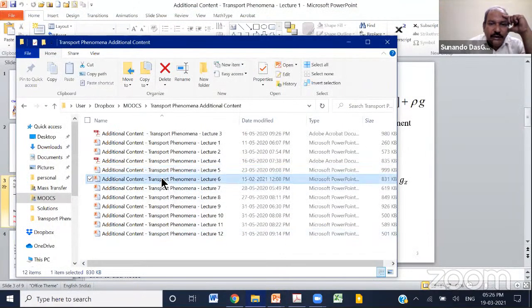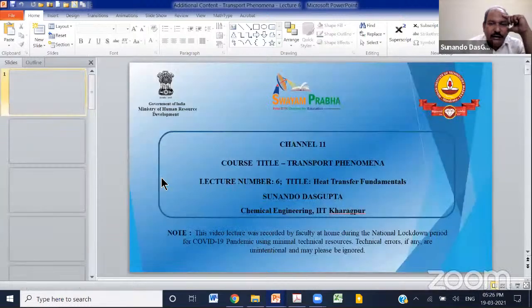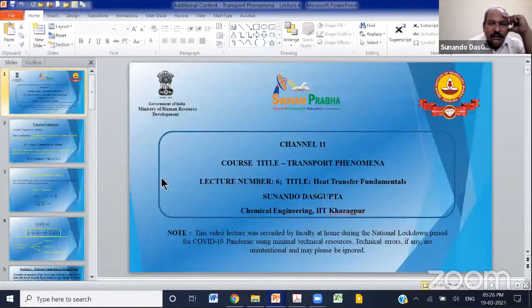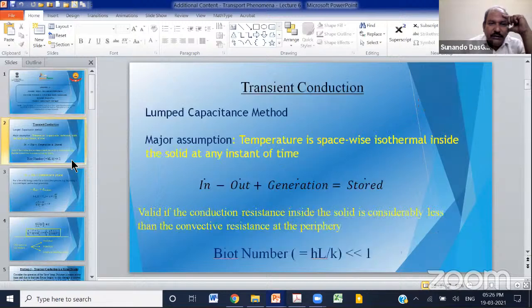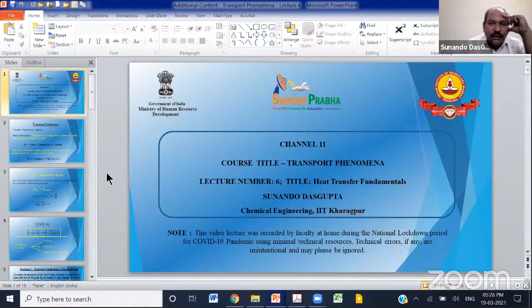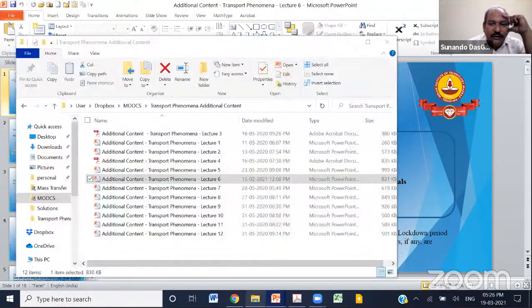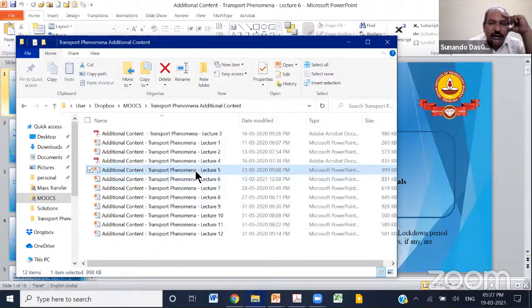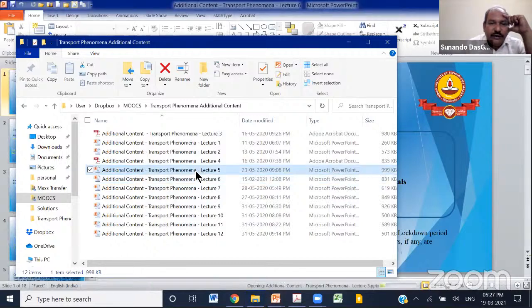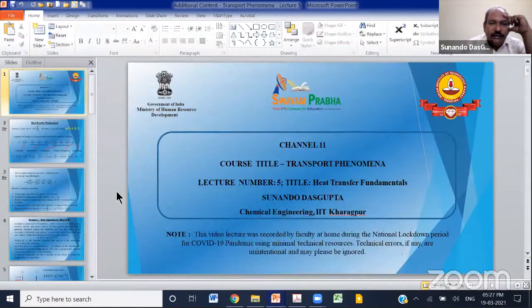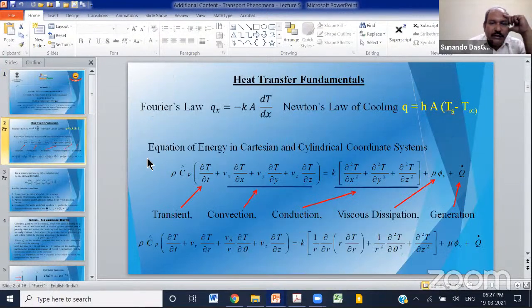Just one more minute. When I get the right file, it would be easier for me to explain. Right. Okay. So this is one of the files which I think you should take a look at, but this is the fundamental file which probably would give you some clear idea.